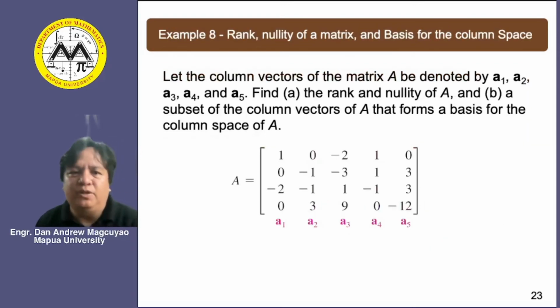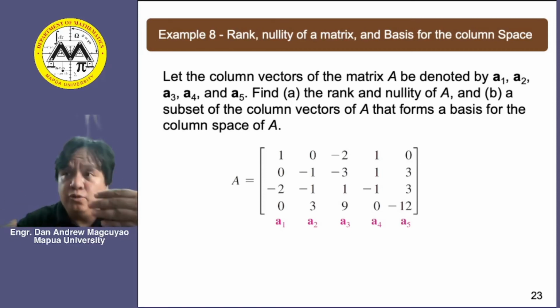So as an example, the given matrix is 1, 0, negative 2, 1, 0, 0, negative 1, negative 3, 1, 3, 2, negative 2, negative 1, 1, negative 1, 3, and 0, 3, 9, 0, negative 12. For this matrix, let us find the rank, the nullity, and the subset of the column vectors that form a basis for the column space.